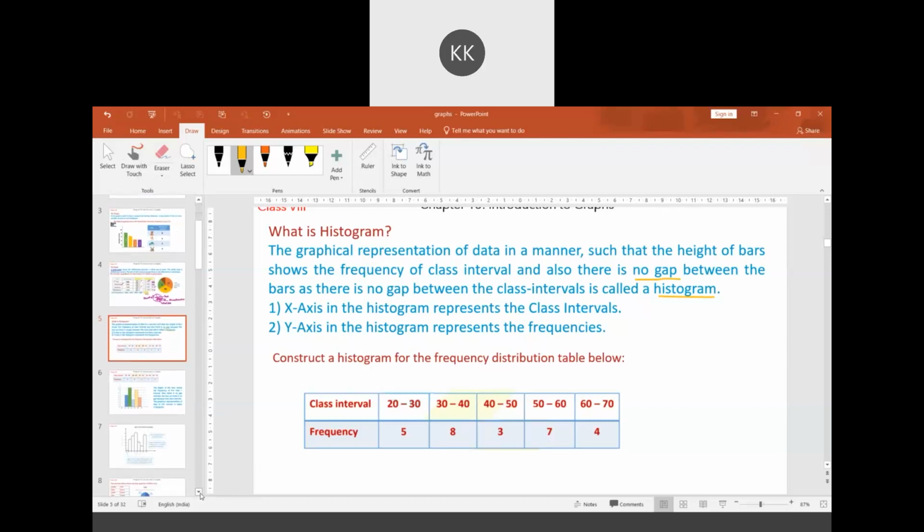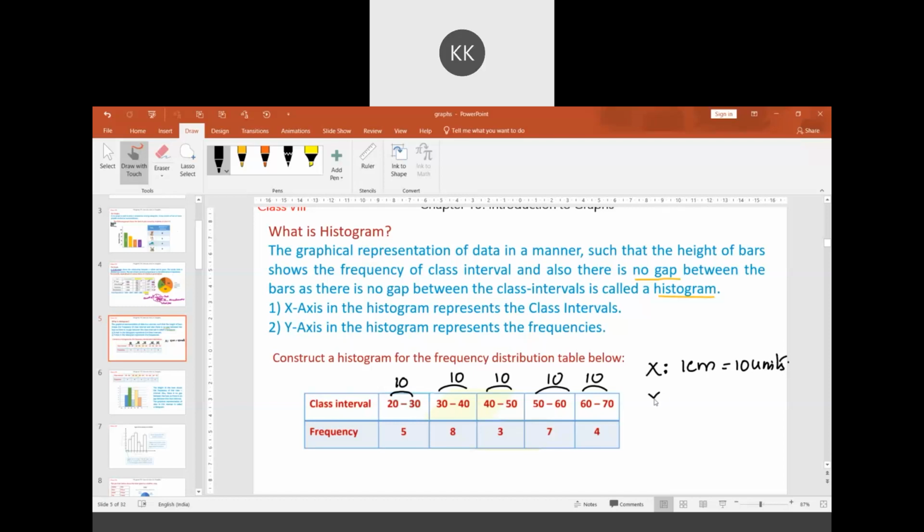First, we have to think what scales to take. Just by looking at the data here, you can identify the scale. If you see the difference between each of these entries, the class size is 10. So on the x-axis, 1 centimeter can be taken as 10 units.